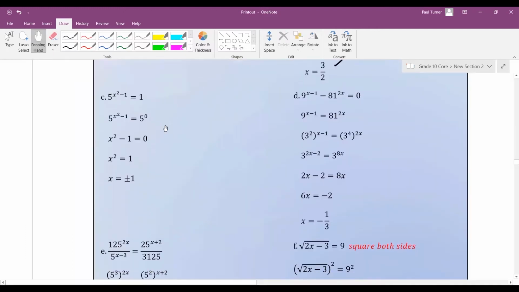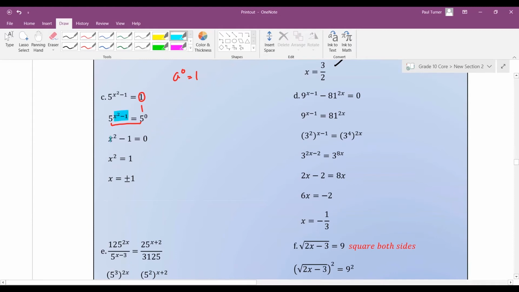So in this question, C, now you've got a 1. You might get a bit confused what to do with 1. But remember, a power 0 equals 1. So anything power 0 will be equal to 1. So it was quite convenient. We can just make this 5 power 0. Because we know 5 power 0 is equal to 1. Anything power 0 is 1. So we just turn that to power 0. And then you end up having to look at the powers.